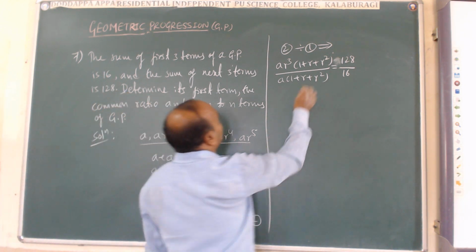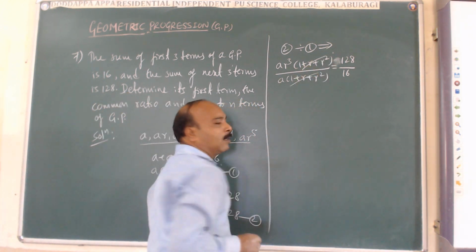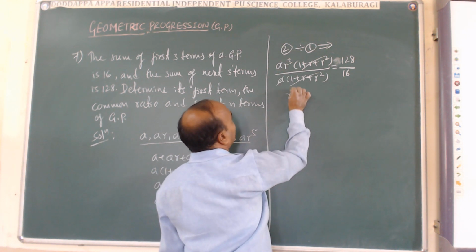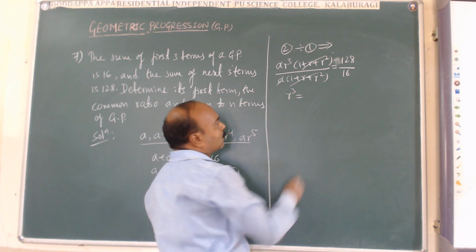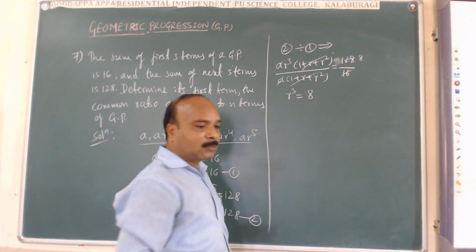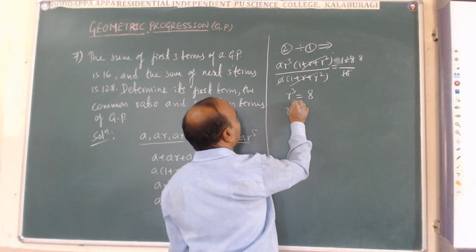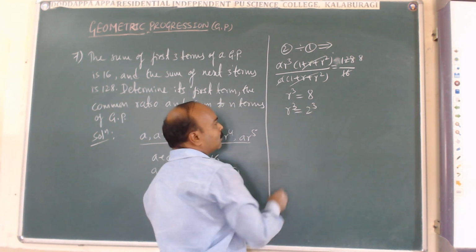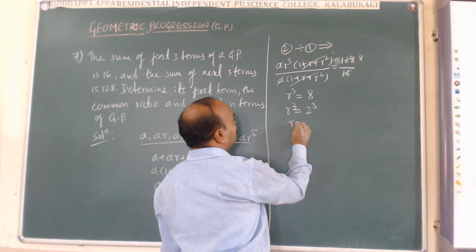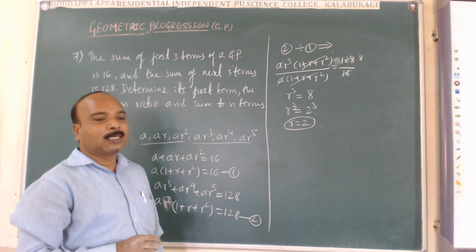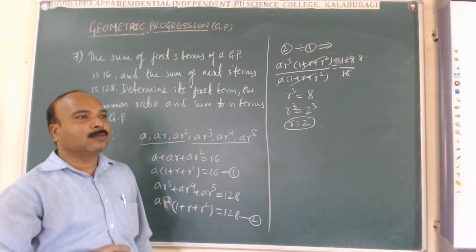Now clearly 1 plus r plus r square cancels, this a also cancels, and we get r cube. So 128 by 16 is 8. Now r cube equal to 8 means 2 cube. Again powers are equal, so bases should be equal; therefore r value is 2. So we get the first result: the common ratio is equal to 2.